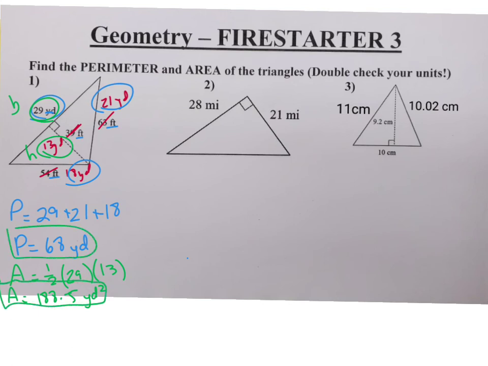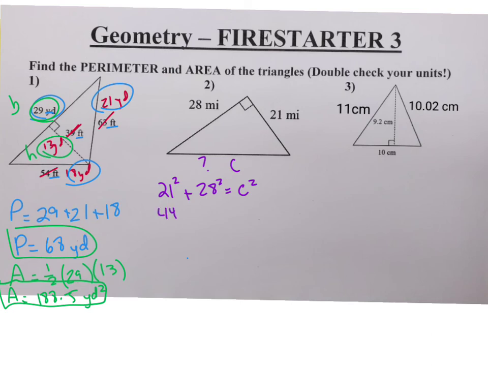And there's our perimeter. Now on 2, I did make you do Pythagoreans because we don't know this side. That is C. So the first thing I am going to do is say 21 squared plus 28 squared equals C squared. Now 21 squared is 441. 28 squared is 784.